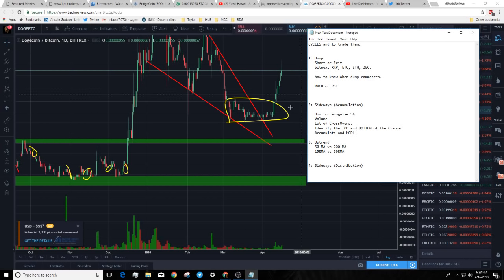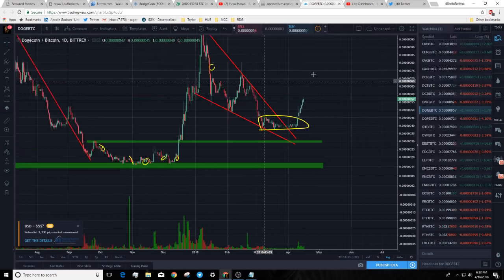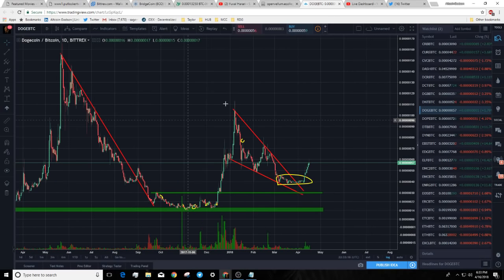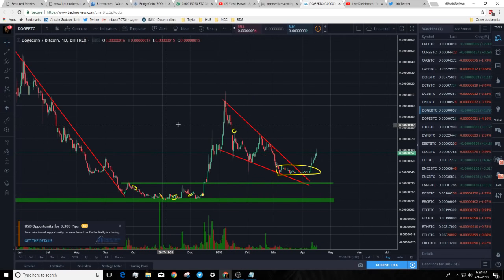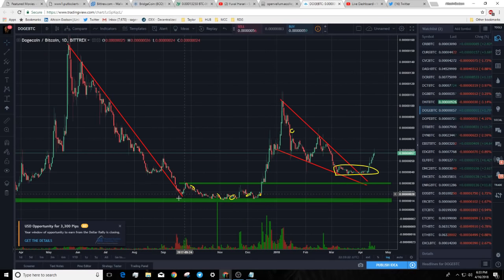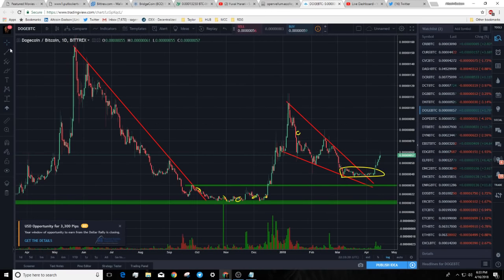Then how do you spot an uptrend, and how do you hold that uptrend? Once again, if you keep looking at those here, downtrends tend to have their own little channels as well, right? This would be the top of the downtrend channel.